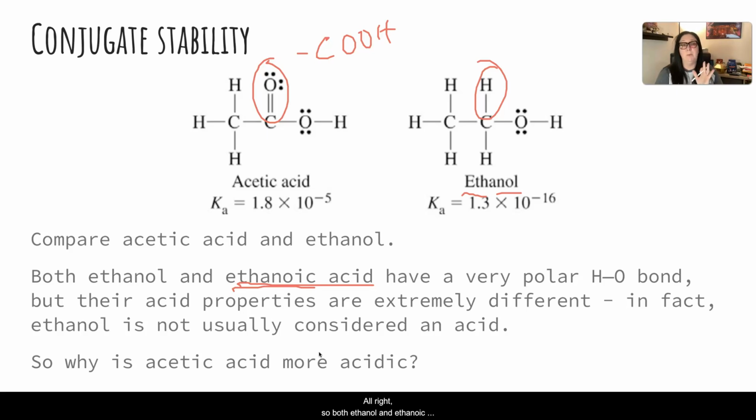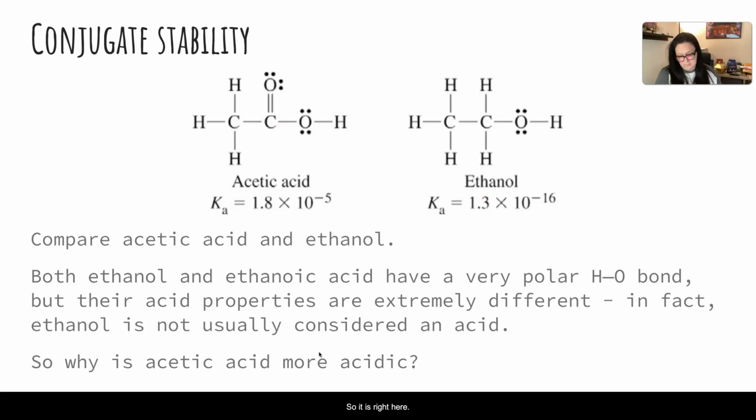All right, so both ethanol and ethanoic acid have a very, very polar OH bond. It is right here. That's a polar bond for sure. They both have that, but acetic acid will behave like an acid. Look at that Ka value.